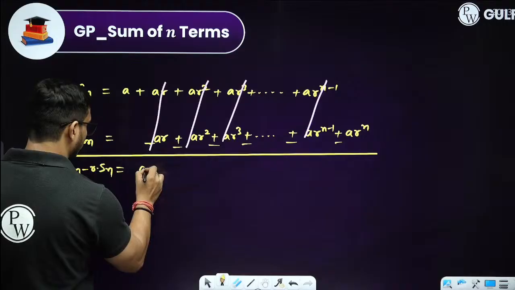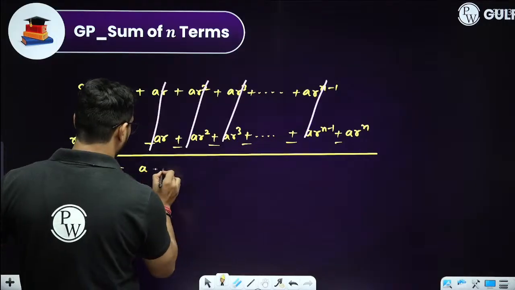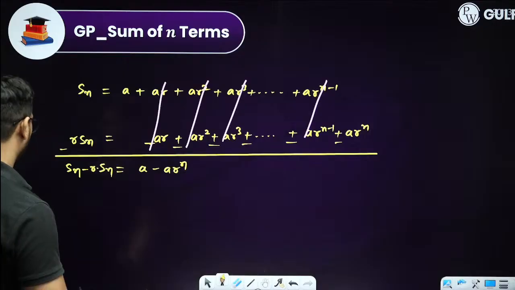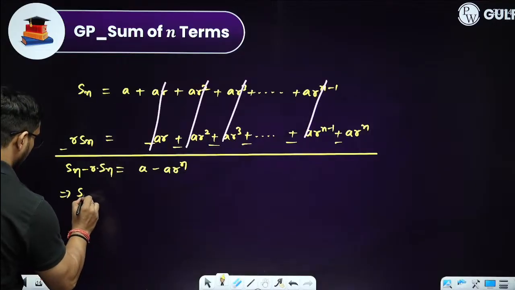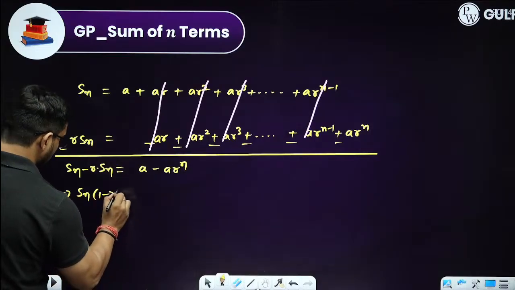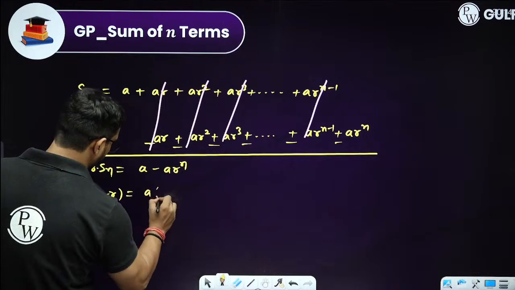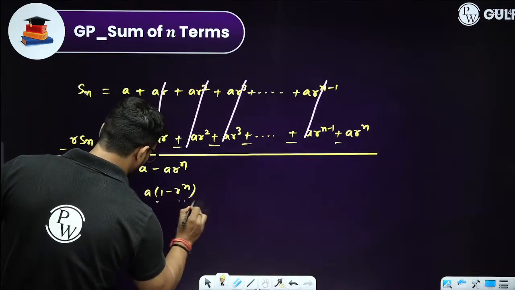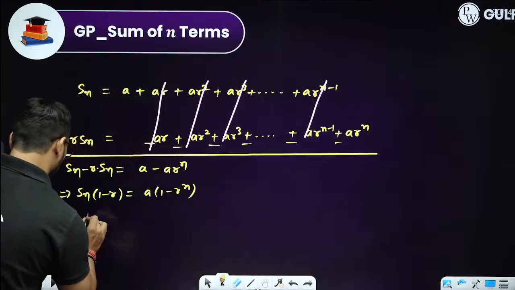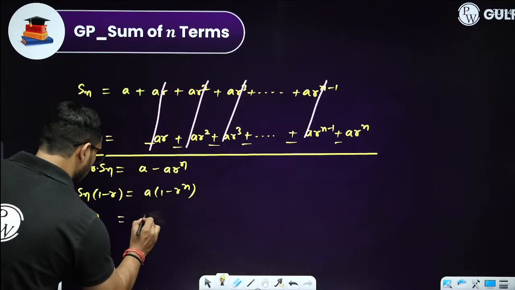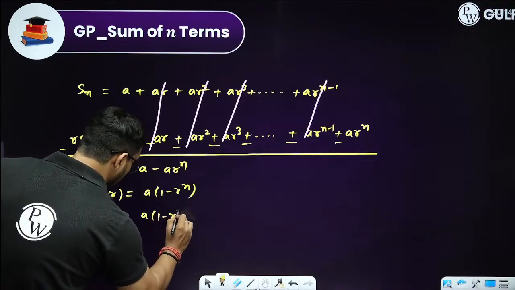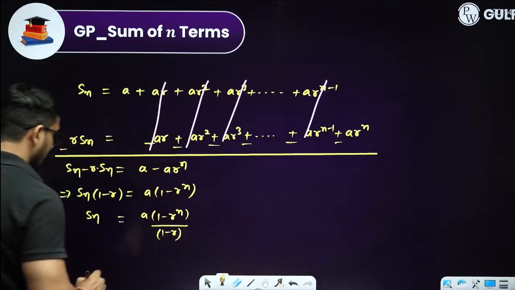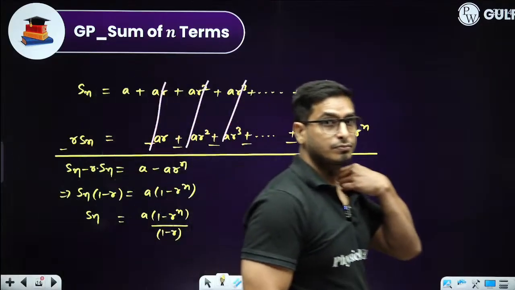So here we have A and we have minus of AR to the power n, or we can write Sn into 1 minus R equals to A into 1 minus R to the power n, or Sn equals to A into 1 minus R to the power n divided by 1 minus R. Yes or no?